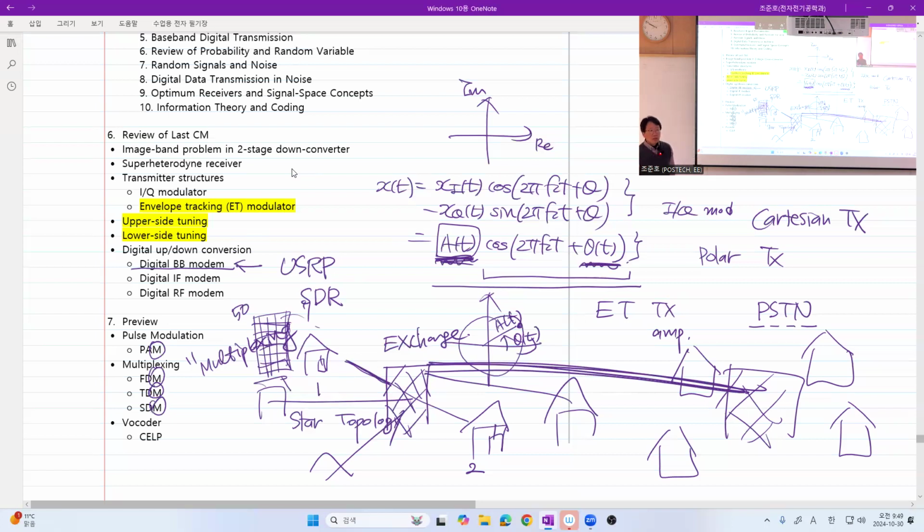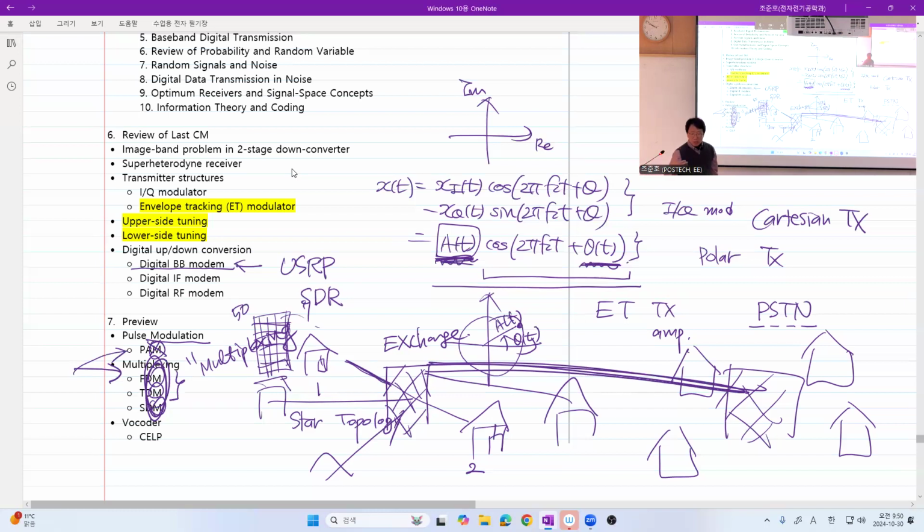We are going to study some technologies related to methods for multiplexing, especially frequency division multiplexing, and also time division multiplexing, and some space division multiplexing. Here, by the way, this is modulation.